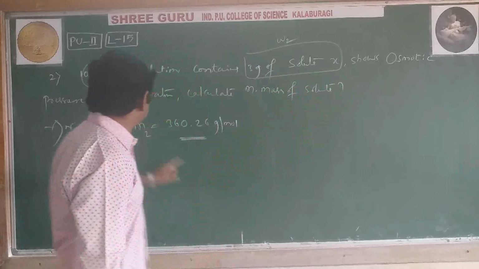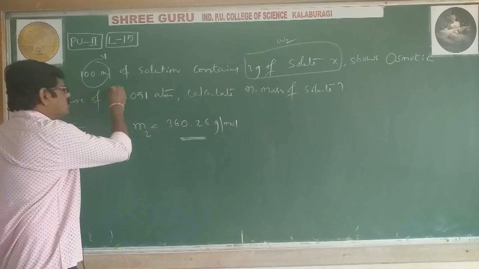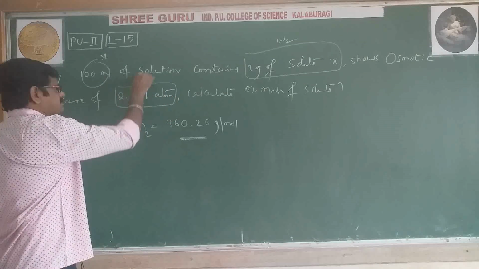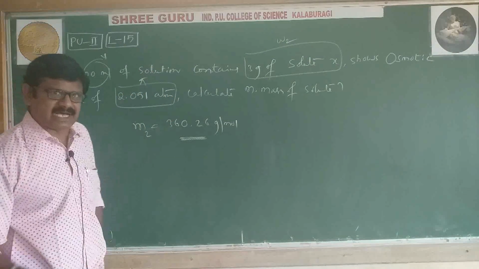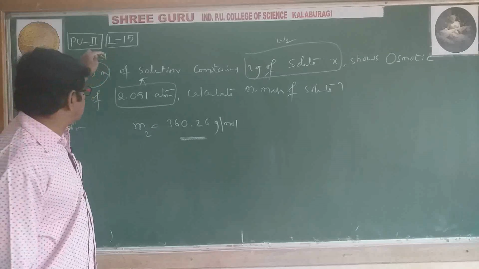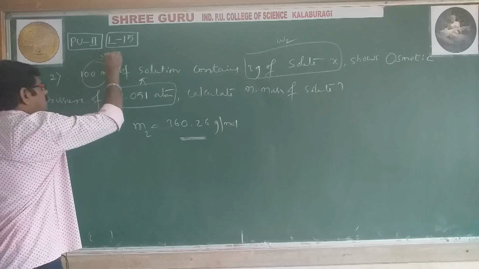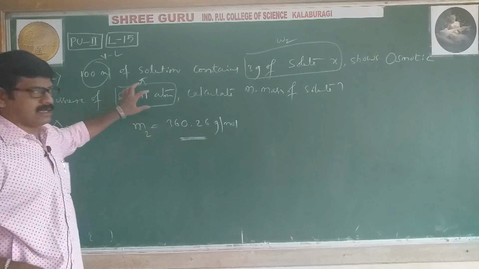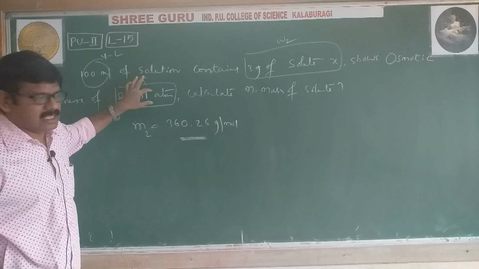It shows an osmotic pressure of 2.051 atmospheres; the pi value is given in atmospheres. Listen here: volume we convert into liters and pressure is given in atmosphere, so again we take the liter-atmosphere R value.